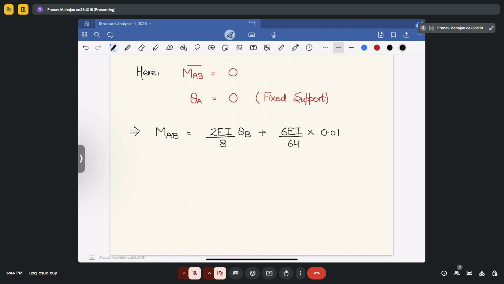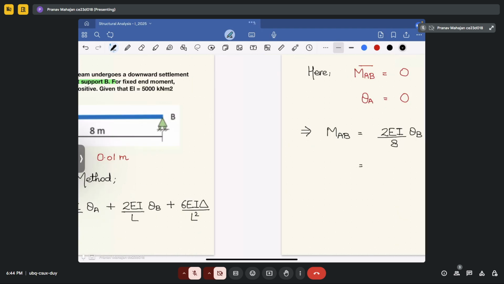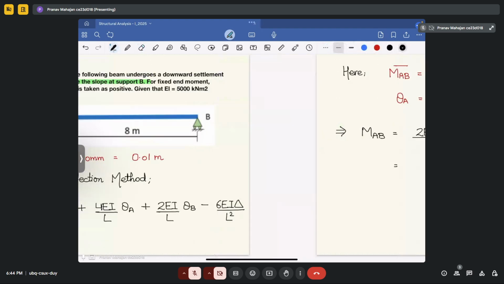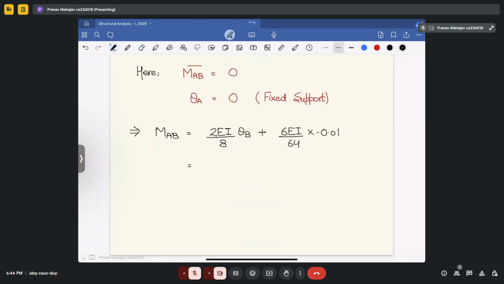So delta will become not as positive, it will be negative because it is in downward direction. Oh, sorry, I think in the formula only it is negative. I got confused with this. So minus will come here.